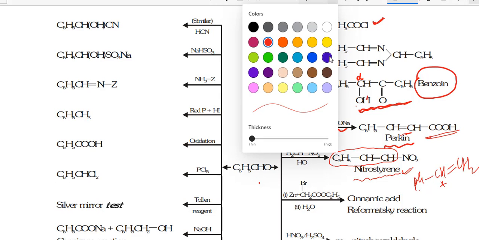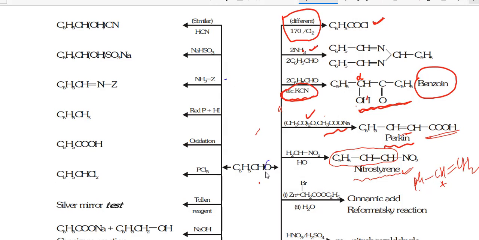See, this oxygen and this, remove H2O. Benzene I can also write as PH, PH CH double bond, PH CH double bond CHNO2, same. Next, cinnamic acid formation, Perkin reaction. Here again water is removed. In the presence of zinc, from the alpha position this halogen and hydrogen are both removed, forming a double bond.